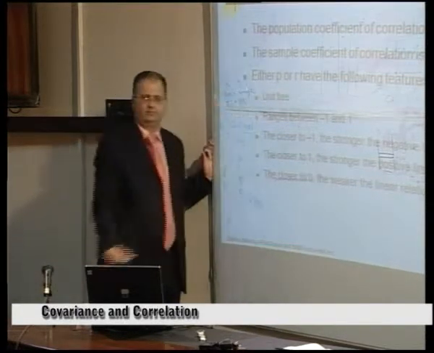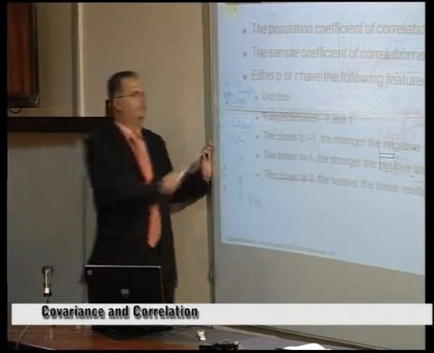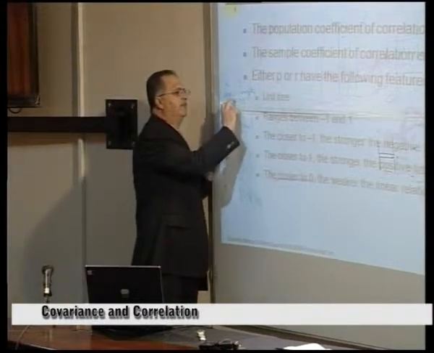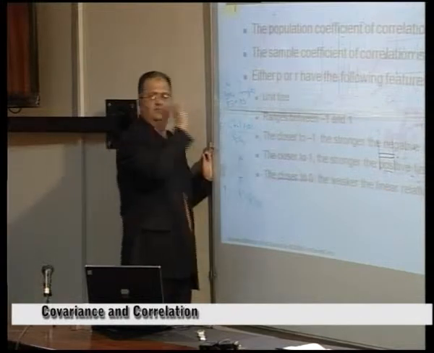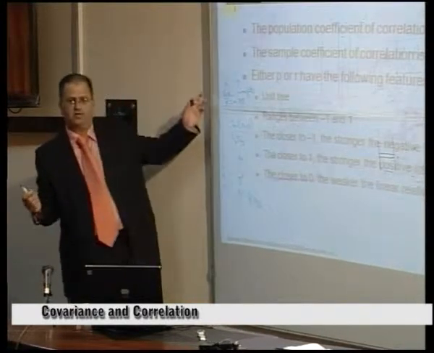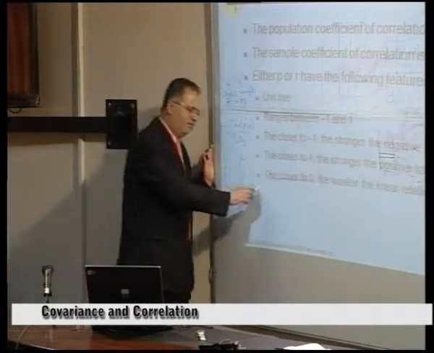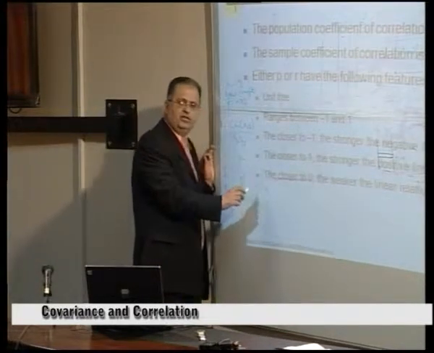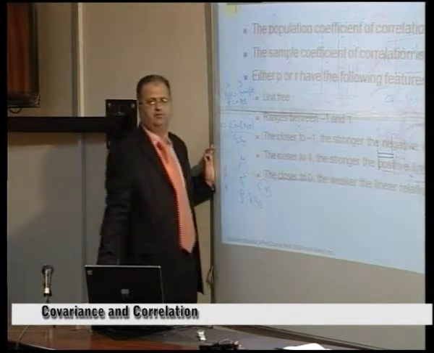You cannot say 0.75 years or 0.75 kilograms. It's unit free. There is no unit for the correlation coefficient. The same as CV, the coefficient of variation, this one is also unit free.